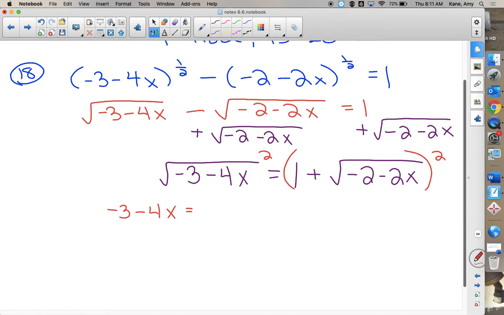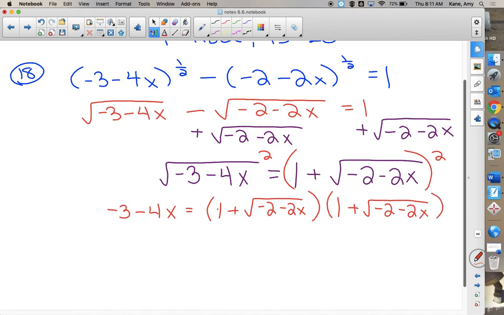The right side, when you square something, it means there are 2 of those quantities. And then you're going to have to FOIL that. This is the hardest problem on the worksheet. Number 20 is similar to this problem. I don't think it's quite as involved.